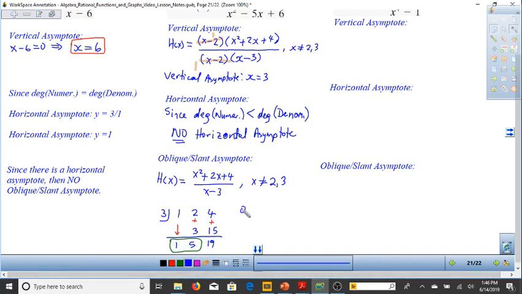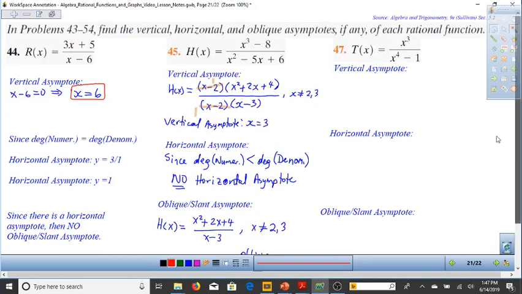And so the oblique asymptote here is y equals 1x plus 5. I don't care about the remainder. I do not need that for my oblique asymptote. And so that's what we have for that one.